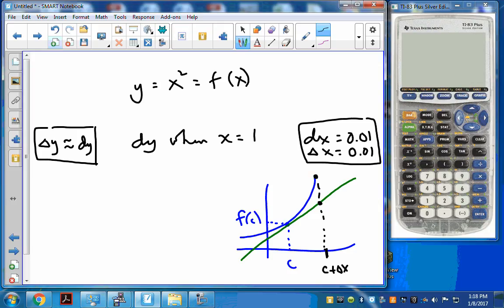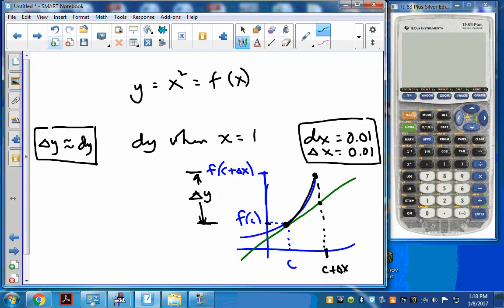The true change in y would be this distance right here, from here to here. That's the true change, delta y, along the curve as the point moves from here up to there.